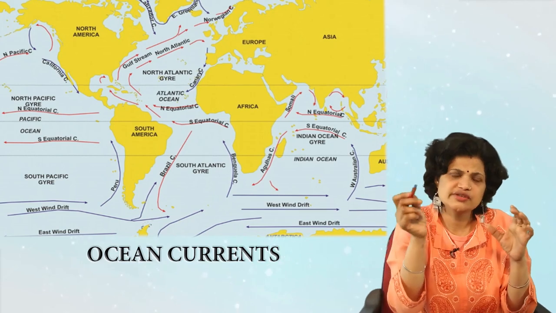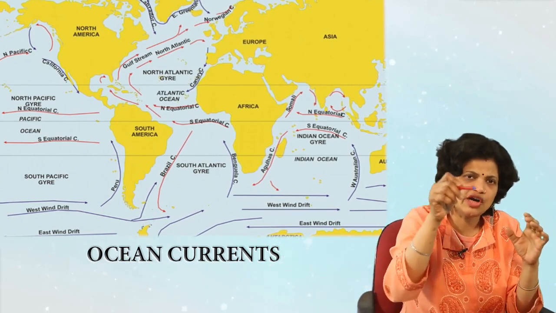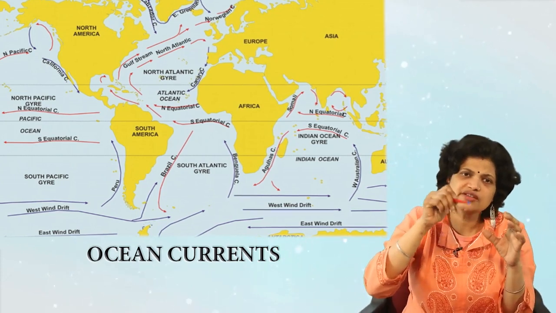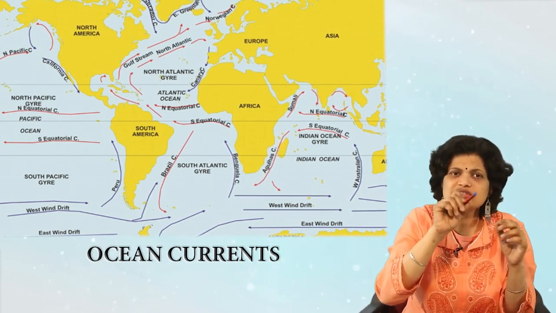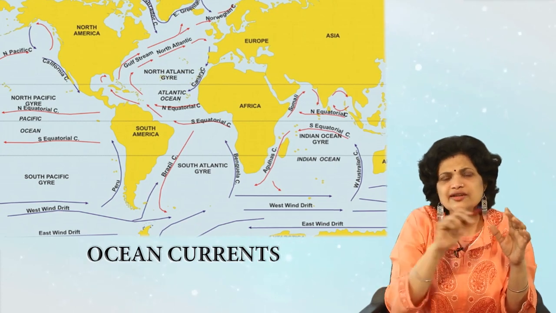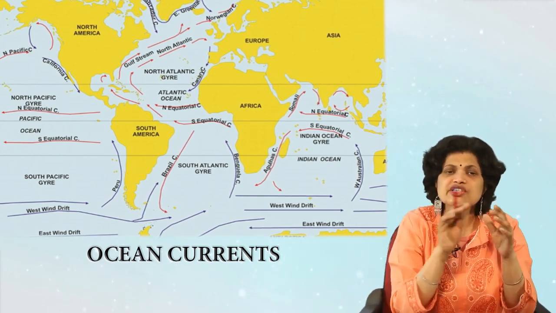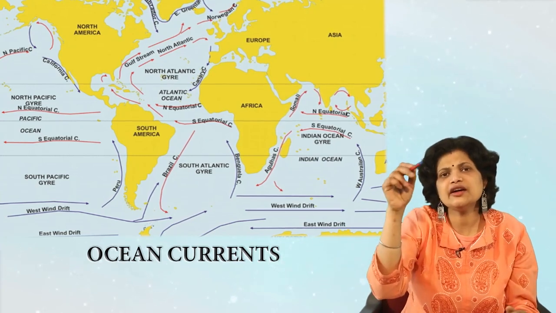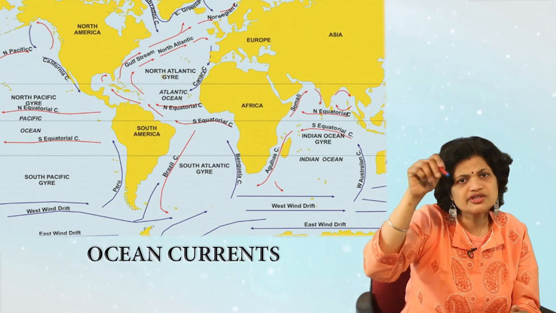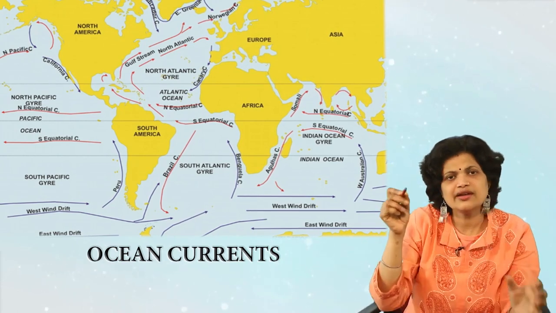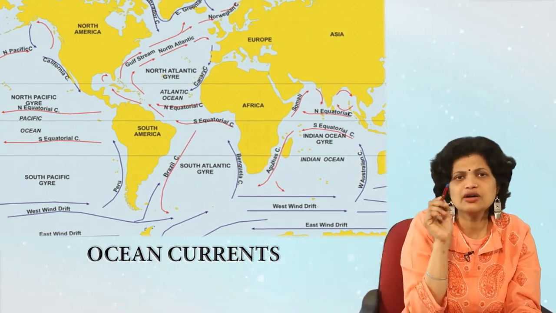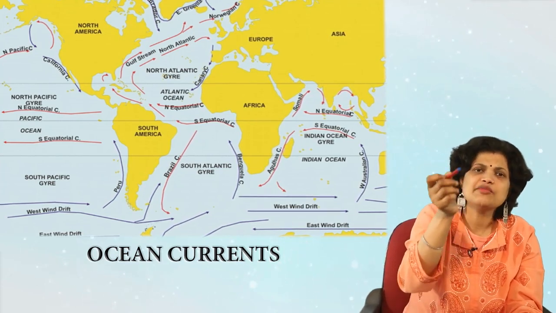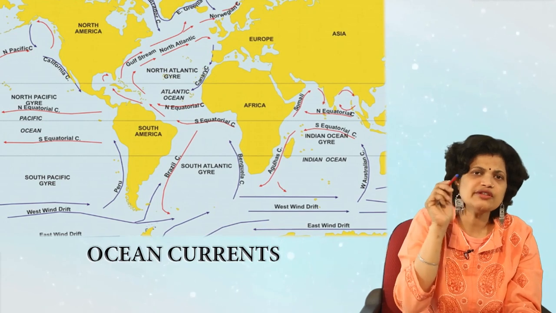Once it reaches the Brazilian coast, it comes down, following the coastline of Brazil as Brazilian warm current, and then it merges with the westerly wind belt as west wind drift, which is relatively colder. Then along the African coast, it turns towards the left and is called Benguela cold current, and then it again merges with the south equatorial warm current.